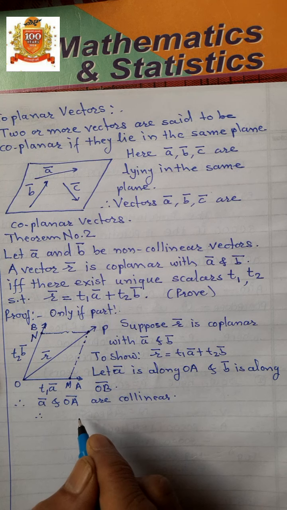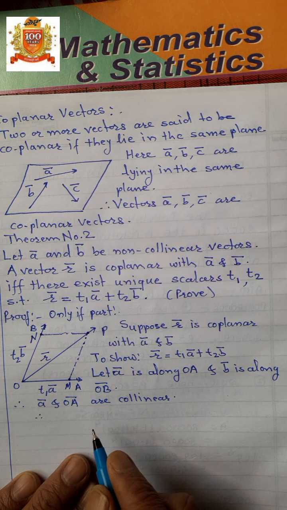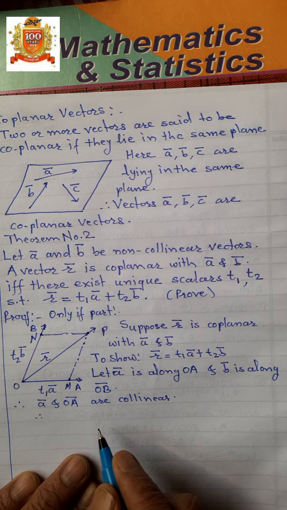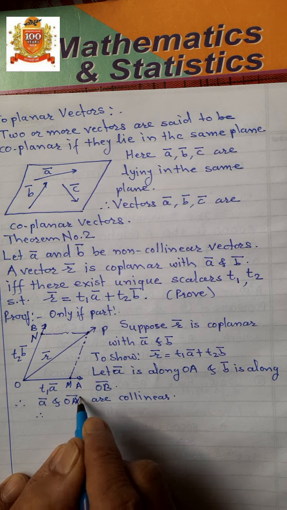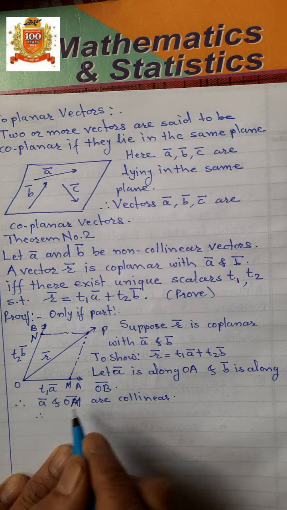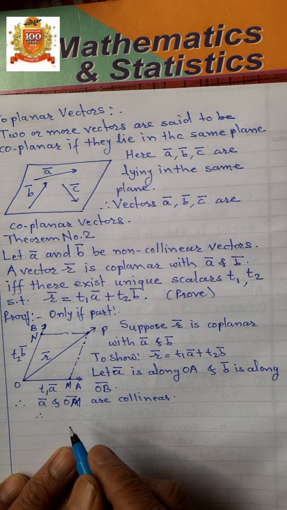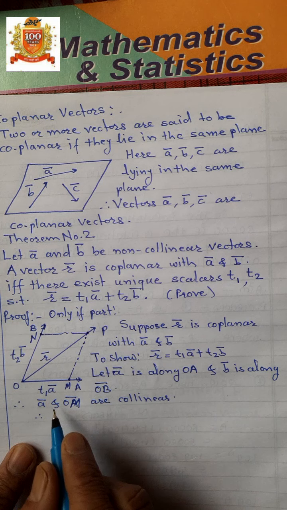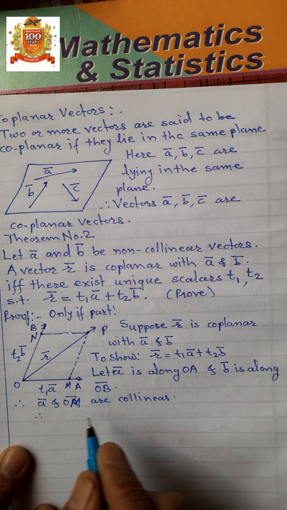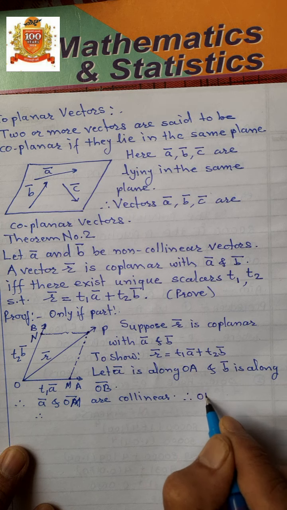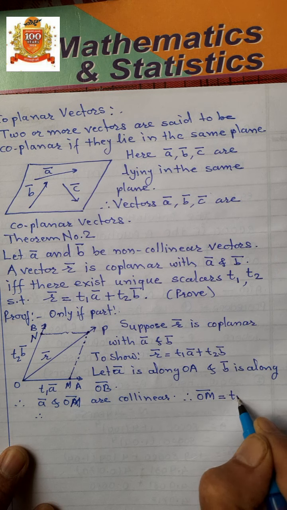Therefore, we can write OM bar. A bar and OM bar are collinear, isn't it? Therefore, when two vectors are collinear, then one vector is a scalar multiple of other. Therefore, OM bar is equal to, we can write T1 A bar.